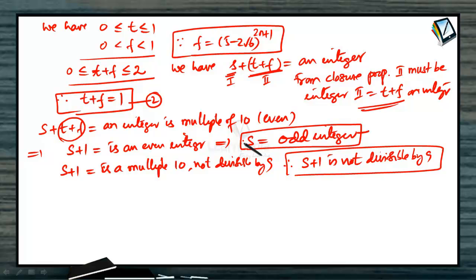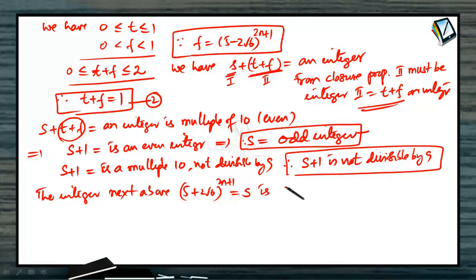Now the integer next above, and s minus 1, we need to find it out. So here when s plus 1 is not divisible by 9 and s is an odd integer, then the integer next to s is s plus 1. So the integer next above 5 plus 2 root 6 to the power of 2n plus 1, which is equal to s, is s plus 1.